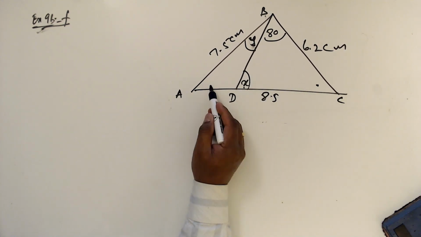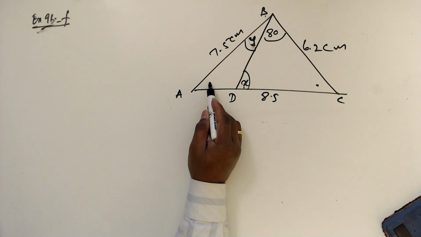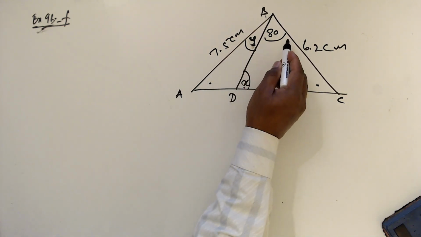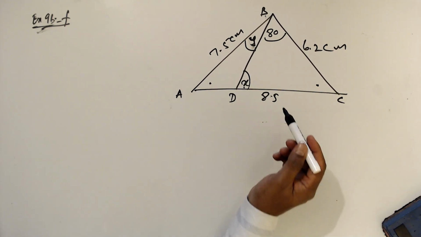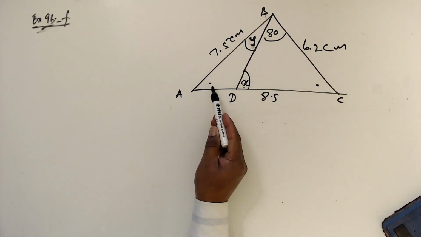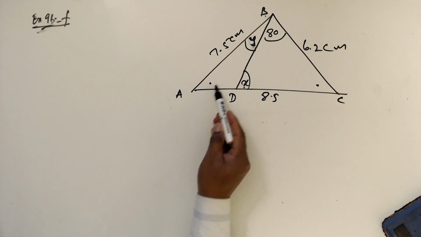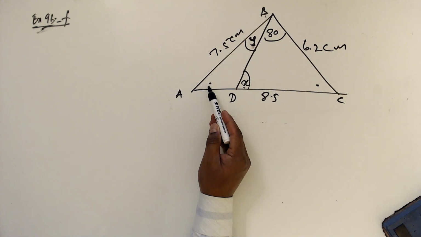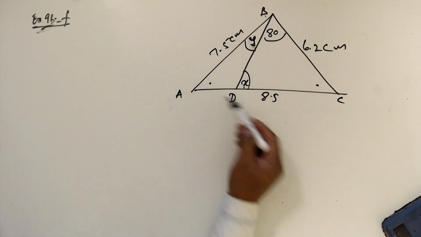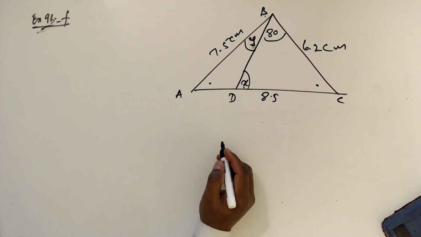Then if I know this angle, I can work out y. So 6.2 divided by this one equals 7.5 over this one, then I can find this. And this adds up to 180. So okay, we'll work on this plan.